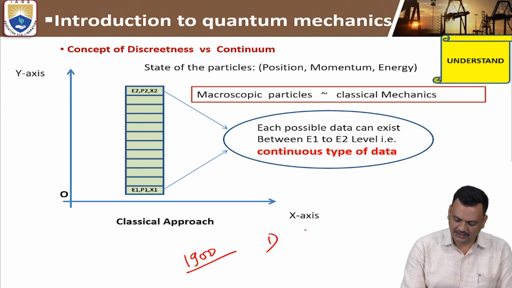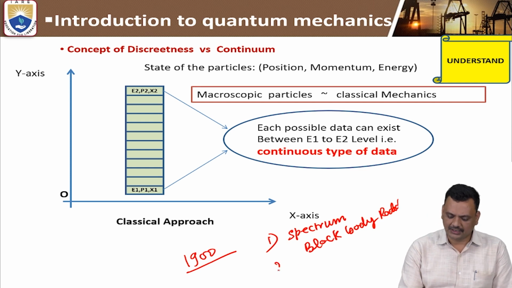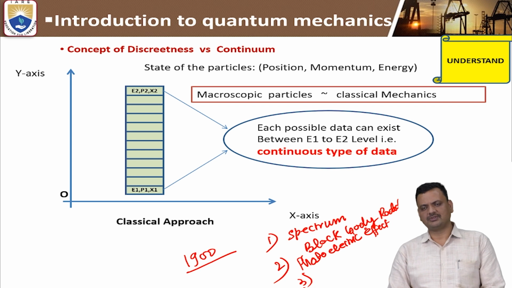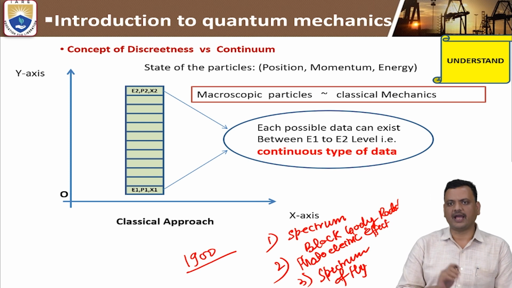The first one is the spectrum of black body radiation. The second one is the photoelectric effect. And the third is that scientists observed the spectrum of the hydrogen atom, or any atom.